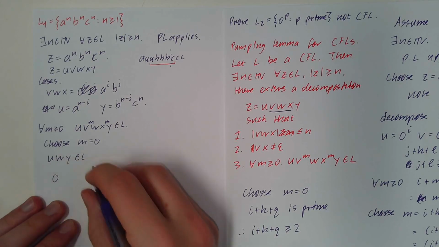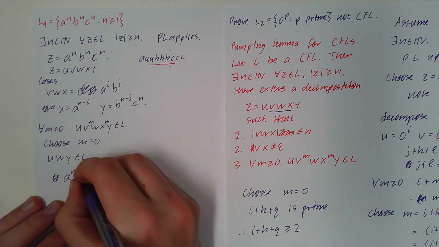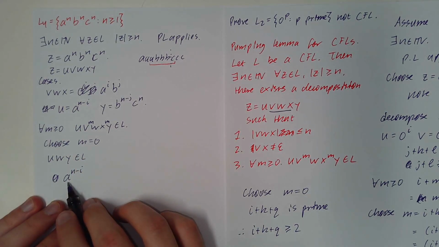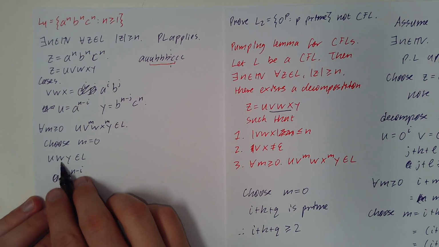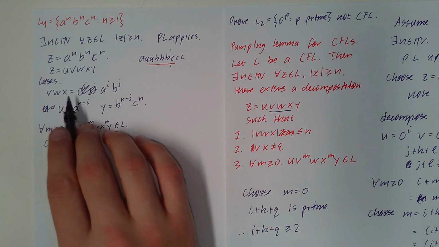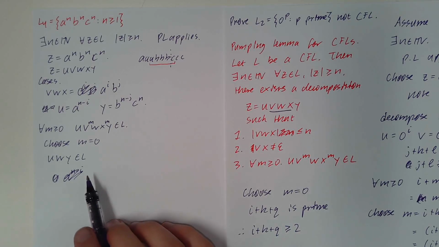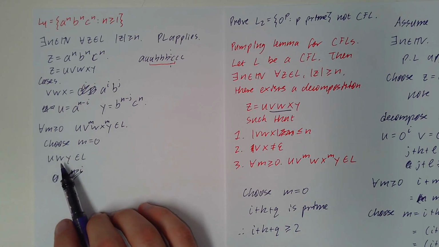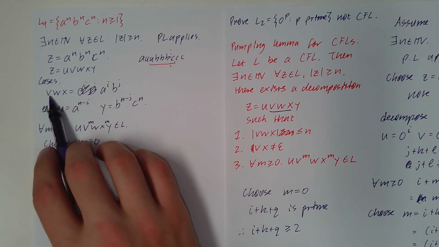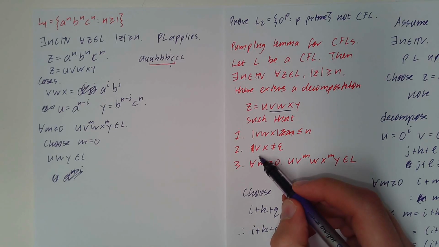So A to the n take i, that's u. And then w, well, we don't really know what w is because we don't really know what v and x are. So writing out an explicit decomposition might be tricky. So what else can we do? Well, we can reason that vx is non-empty, right? Rule 2 tells us that.